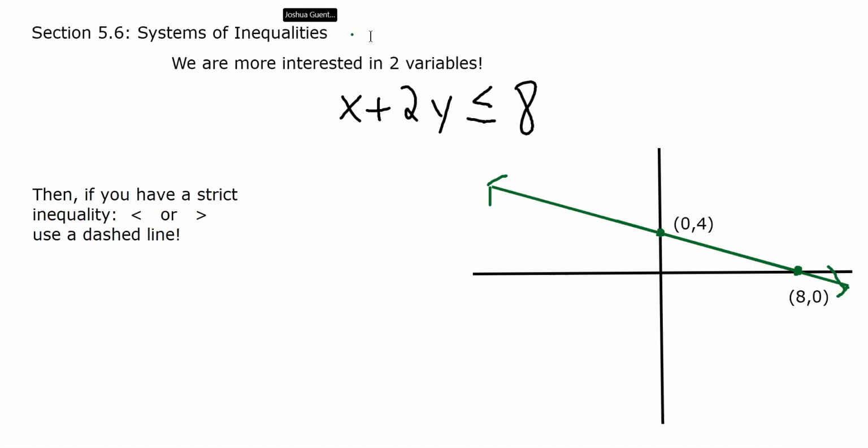So if we had that, which we don't, but just to play pretend, we would need to make this a dashed line. However, that's not the case. That's not what we have here.